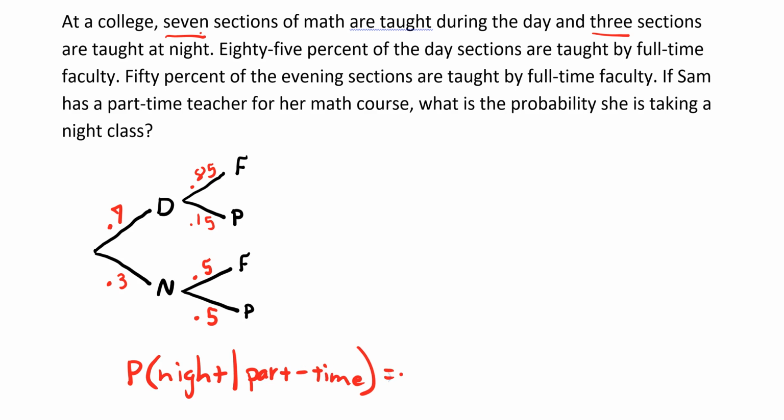So we need to find the intersection of night intersecting with part-time and divide that by part-time. Well, I can find the intersection of night and part-time. The intersection of night and part-time is the branches that combine N and P, and I multiply those together.